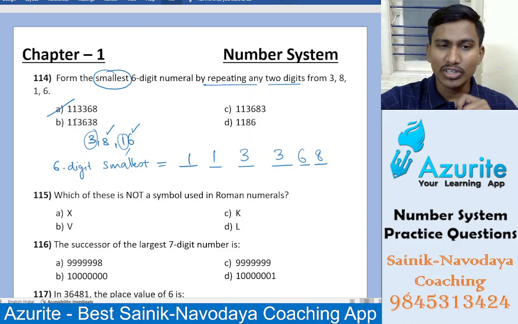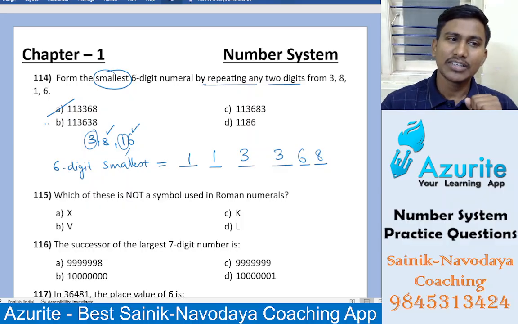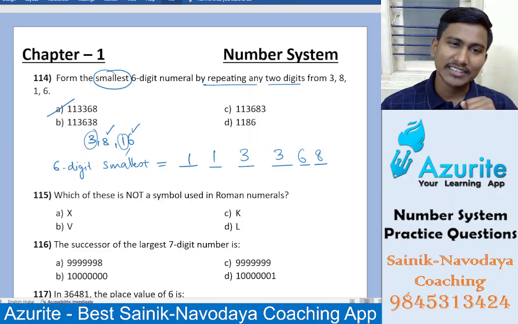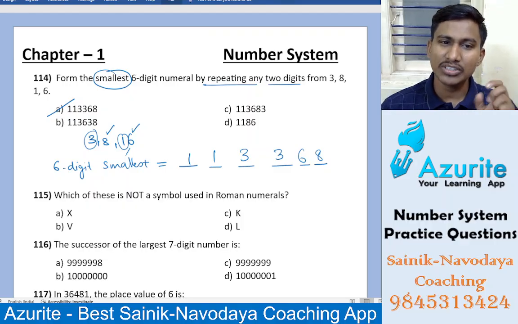That is the smallest. So if you go with the options, that is very easy. 113368 is there. After that, if you see option B, 113638. Compare 3638 with 3368; this is the smaller.